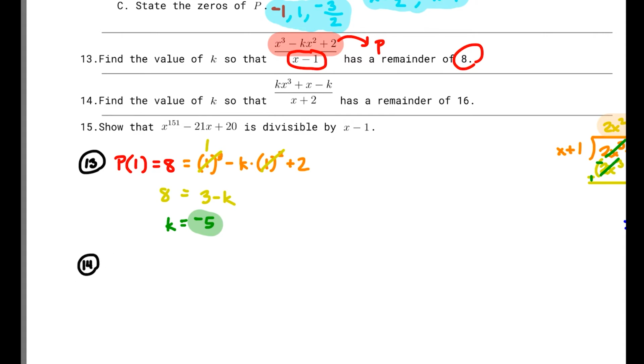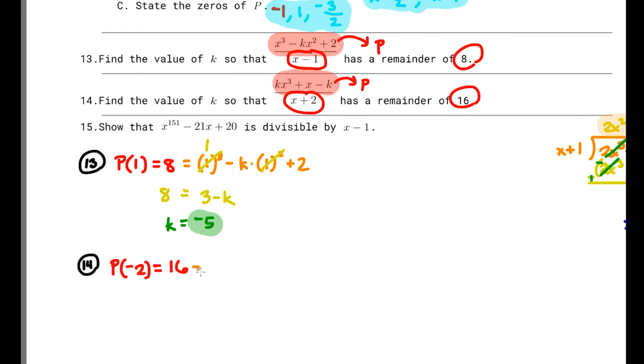So I'm going to do the exact same thing I did before. I'm going to set that numerator equal to p. So this is going to be equal to p. And I'm going to plug in -2, since if I solve that bottom part, x plus 2 is equal to 0, x is equal to -2. So p of -2 is going to be equal to the remainder, which is 16 in this case.